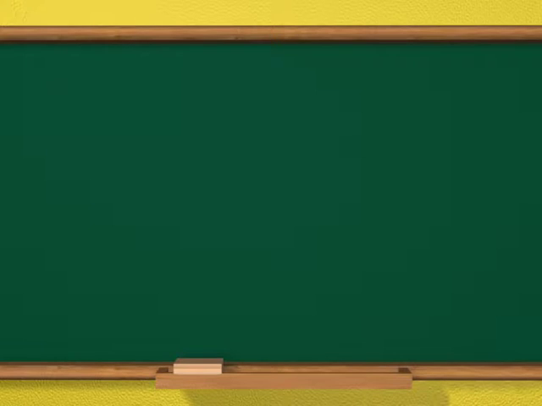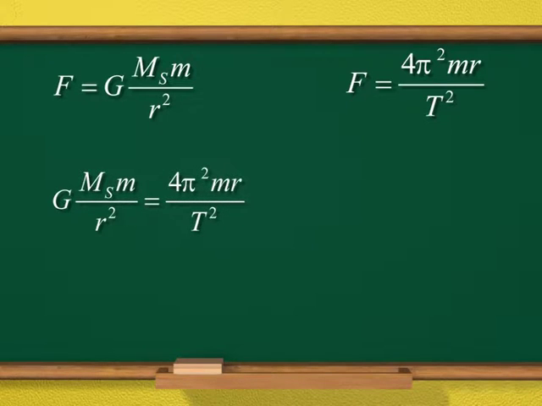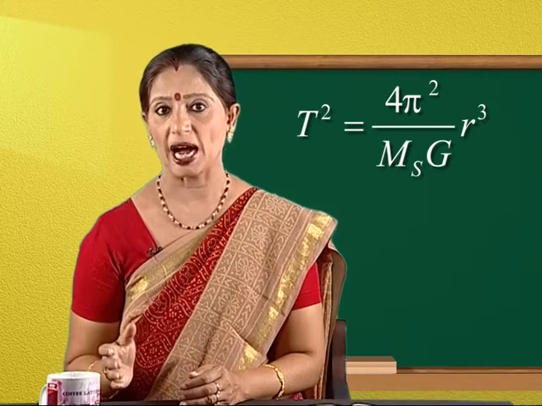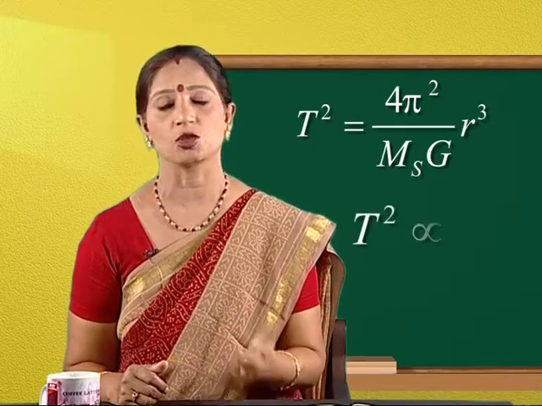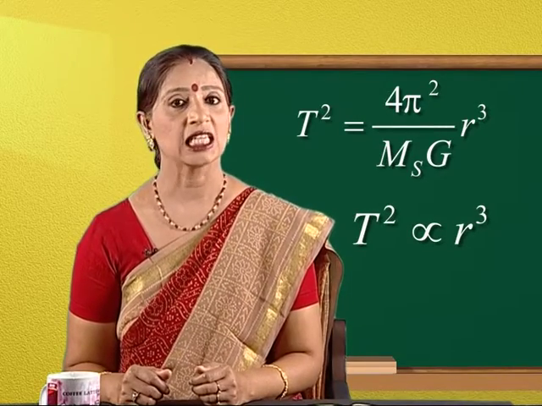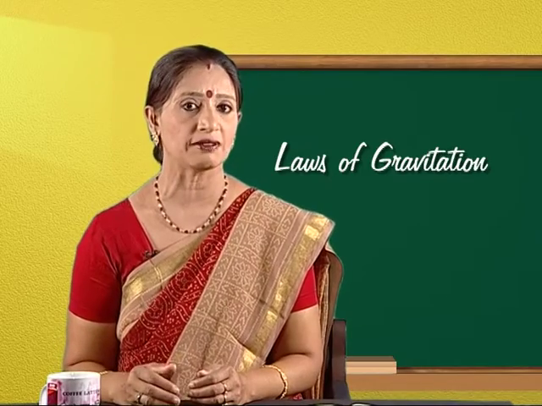On comparing the two forces, we get G Ms m upon r square equal to 4 pi square m r upon T square, or T square is equal to 4 pi square upon Ms G into r cube. Since G, pi and Ms are constant, hence T square is proportional to r cube, which is Kepler's third law. From this calculation, can you find out the value of the universal gravitational constant G?